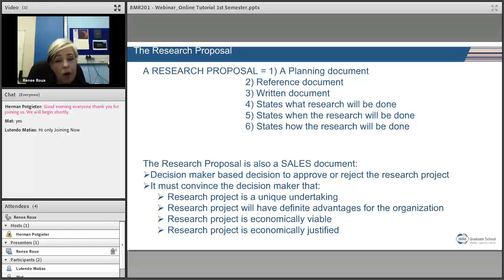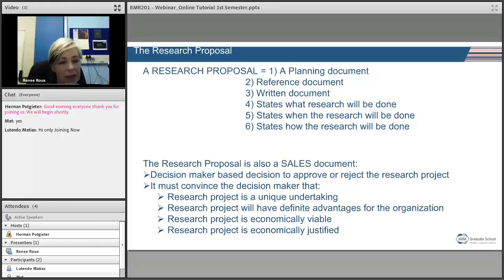They will work through the research proposal and base their decision on its content. Therefore, it must be able to convince the decision maker that it's unique, that there is a very specific reason why you do this research, that the information is nowhere else available, and that there is really a need for it.